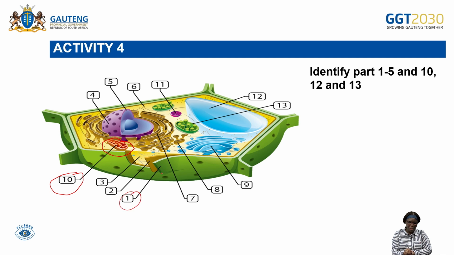What is part 1? The outer layer, the covering that protects all the inner parts of the cell. What do we call it in plants?